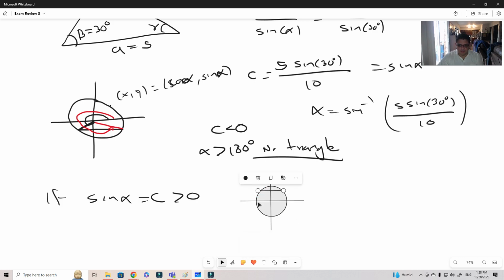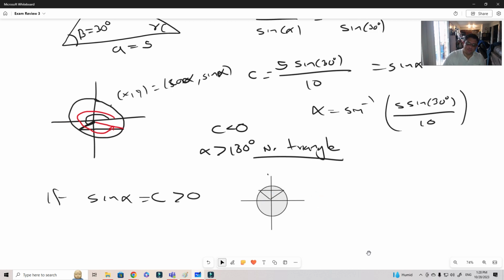Okay, so this is my positive number, and from here to here is my first angle, and from here to here is my second angle. So either I have this one or I have this one. These are the two possible angles that I have.